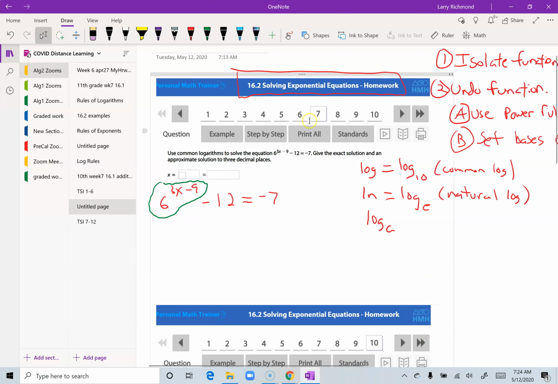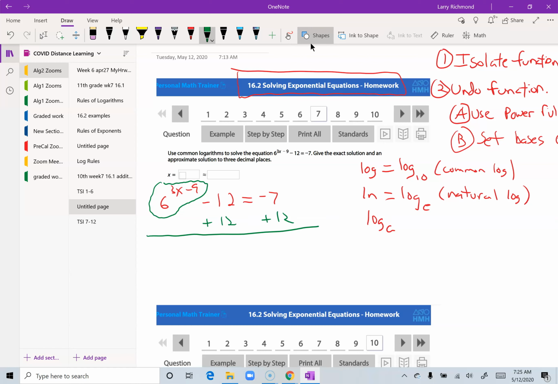That's what makes it an exponential. In this case, we're isolating the green circle. What will we do? Well, we'll add 12 to both sides. When we do, we get the green circle, which is 6 to the 3x minus 9, and on the right-hand side we'll have 5.